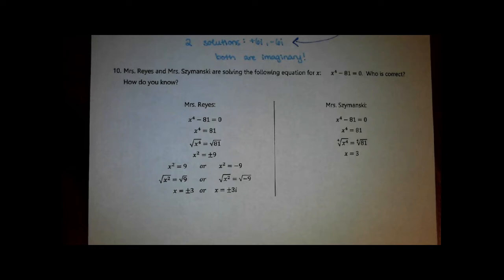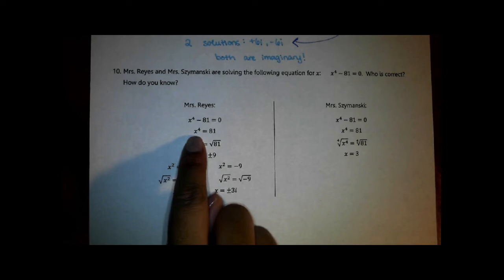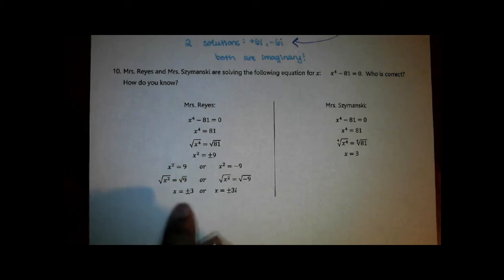Alright, let's take a look at these 2 problems. So you have Miss Reyes and Miss Szymanski solve the problem for x. x to the 4th minus 81 equals 0, right? And so we see over here on the side of Miss Reyes that Miss Reyes did the same problem type that we did, where she solved for the 4th power, then square rooted, split it into 2, and then square rooted it again.